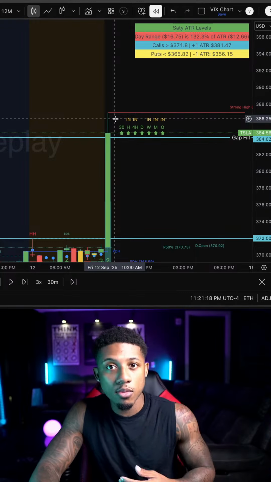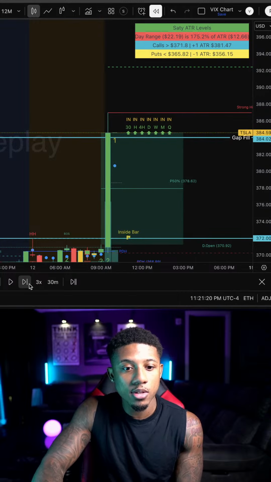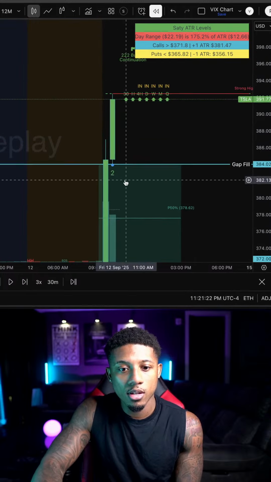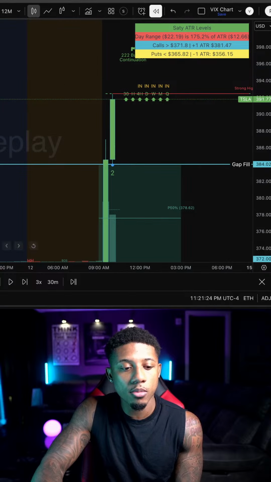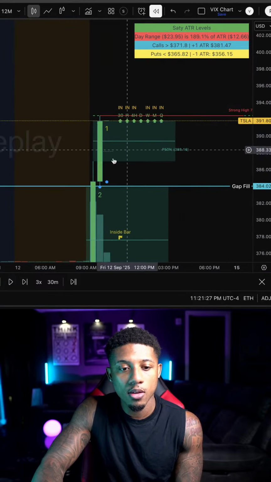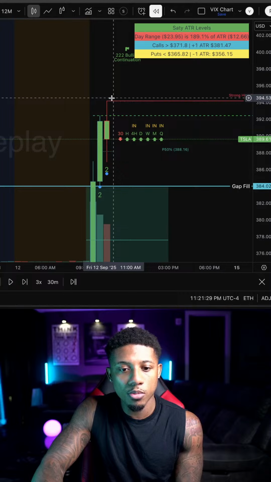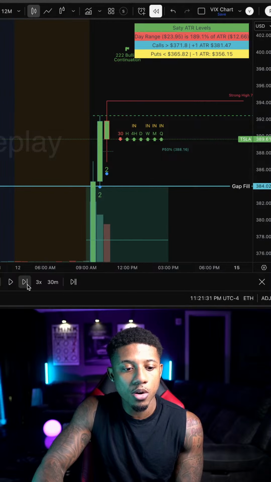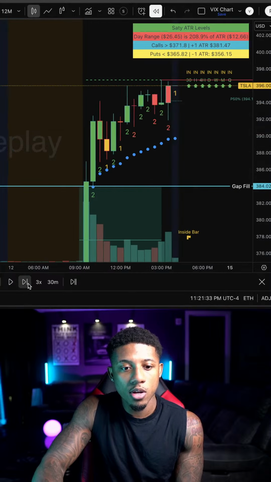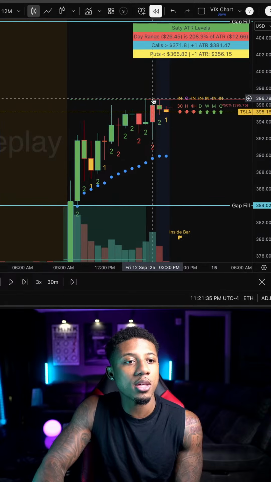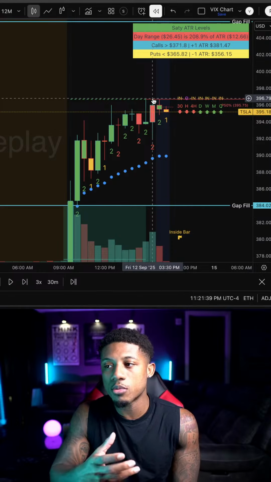Let me size in even more, right? And then look what happens. Another continuation up, and then look what happens again, right? You push up, retest about 394, right? And then from there, we continue. This is straight up strength.